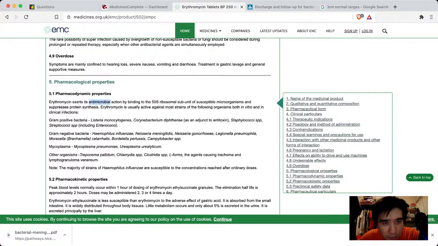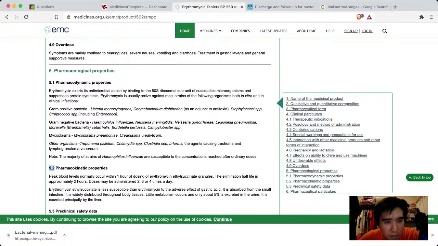Pharmacodynamics. It also affects the ribosome, but the 50S subunit. Works against listeria. Works against gram-negative. Works against mycoplasma. Works against chlamydia. Syphilis.